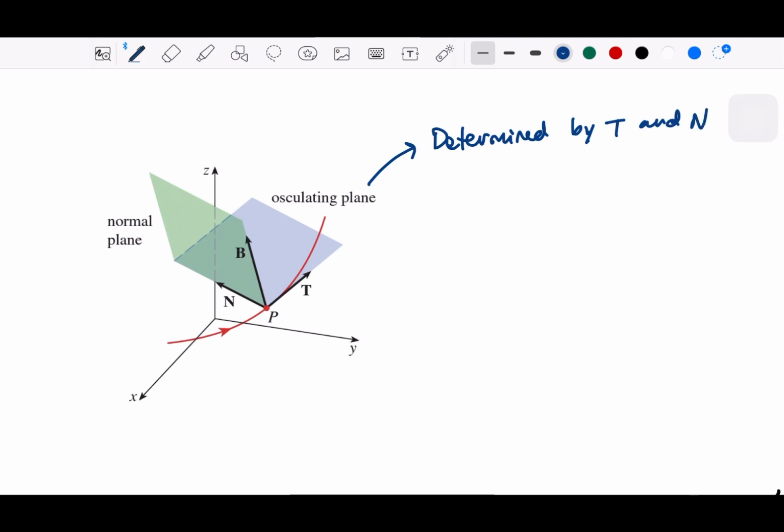And the normal plane is determined by N and B.